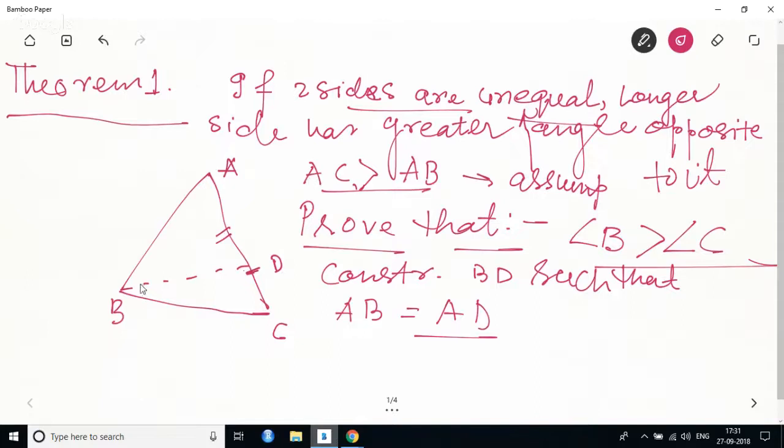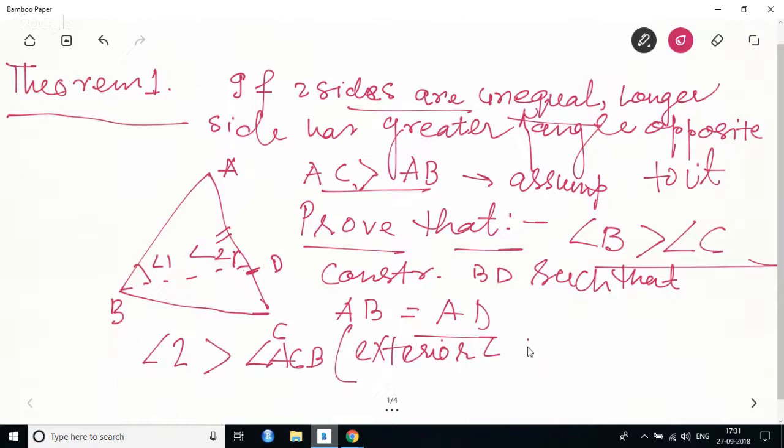Now try to understand, if this is angle 1 and this is angle 2, how many of you think that angle 2 would be greater than angle ACB? And why do I say this? Because angle 2 is an exterior angle in triangle BCD.